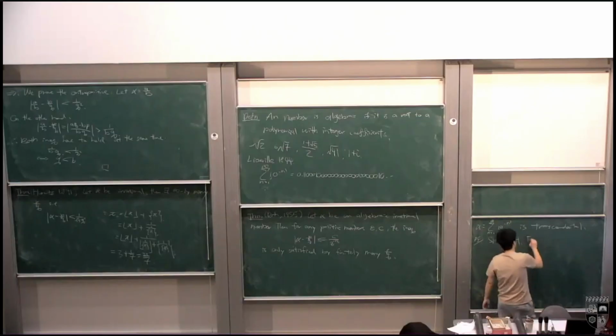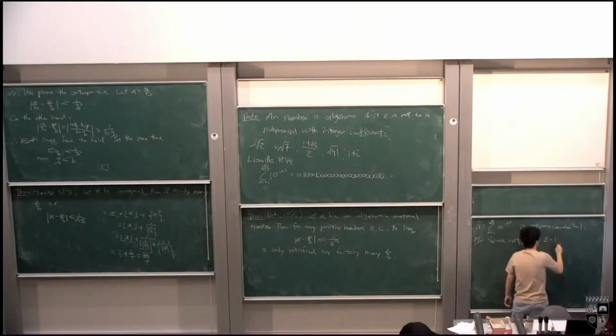We take epsilon to be 1 and C to be, does it have to be 1? Whatever, it doesn't really matter.